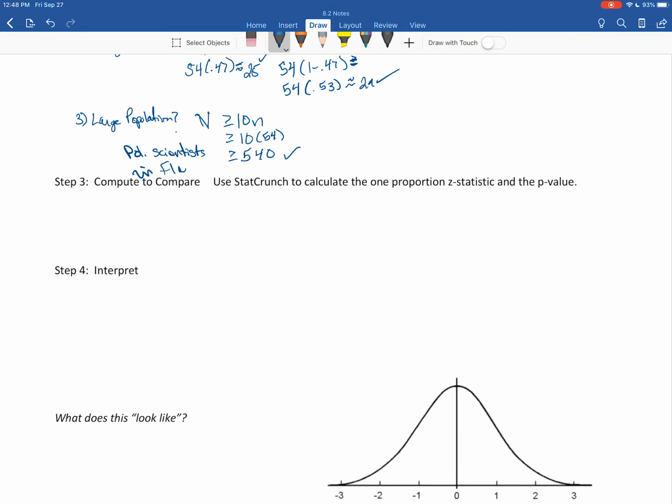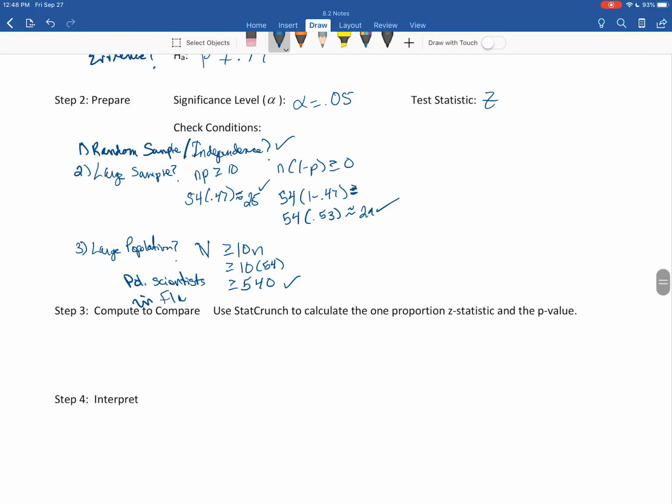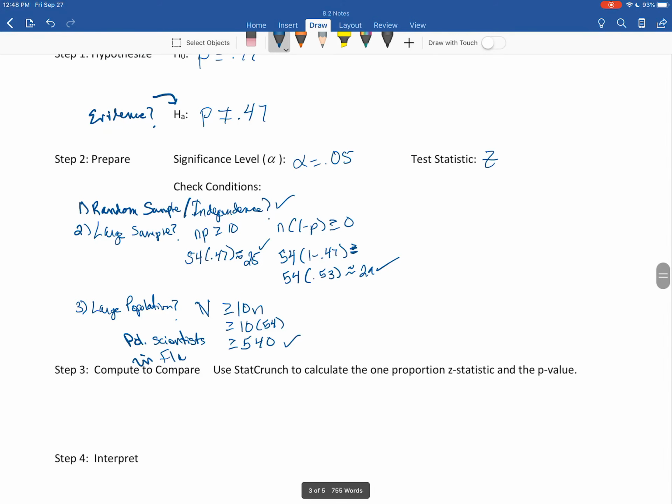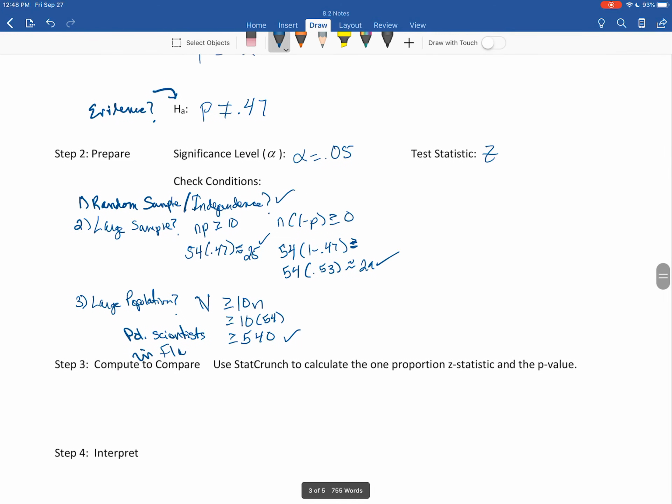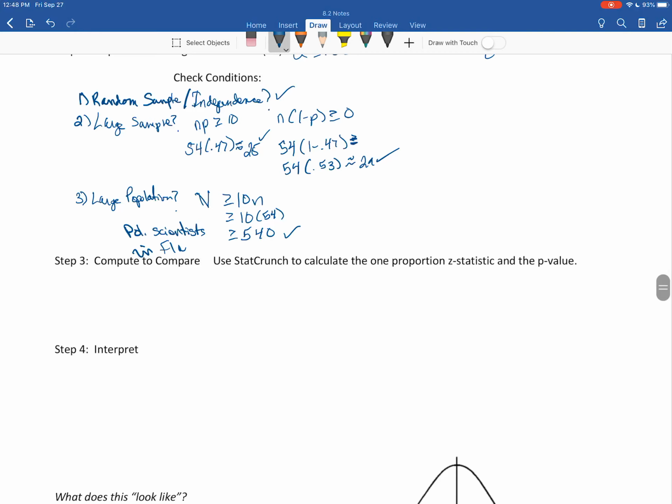That's really the longest part. The longest part of these hypothesis tests is setting them up, which is step 1 and step 2. Now we are going to use StatCrunch to calculate this z statistic and the p-value. So we're going to get a z and a p when we go into StatCrunch. As a reminder, we're going to need to give it the number of successes and the number of observations.